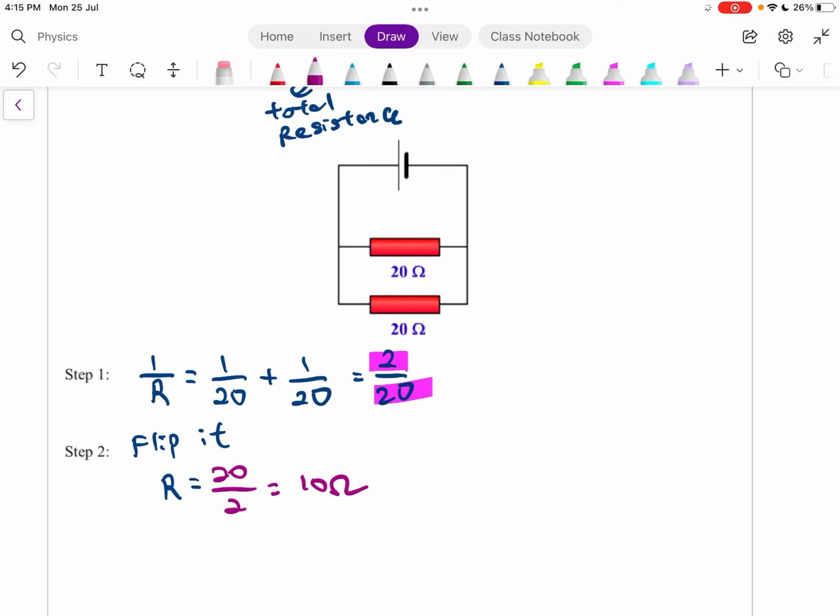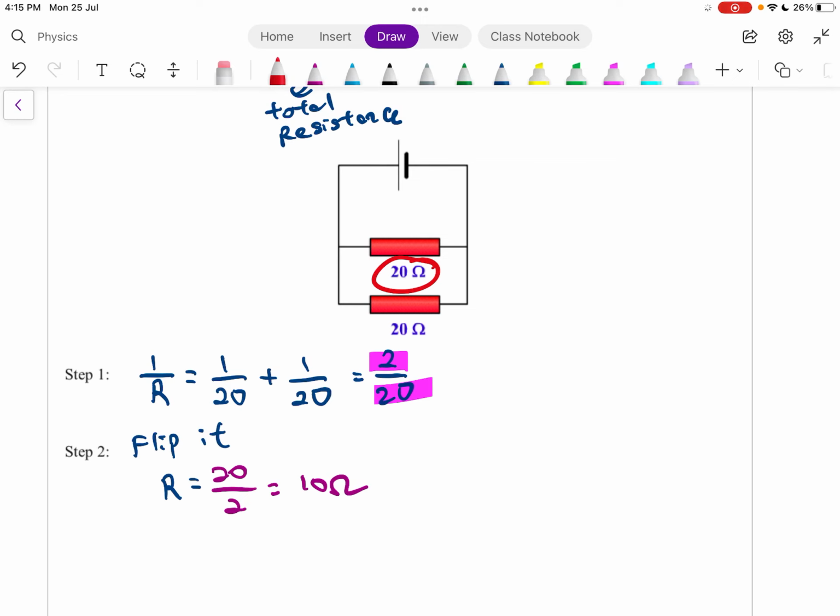Maybe I teach you one shortcut that is quite simple to use, but this shortcut can only be applied to resistors of the same value. So let's just say I give you 20 and 20. I can use this shortcut in this particular context. You look at these 20 ohms, and we notice that there are two resistors.